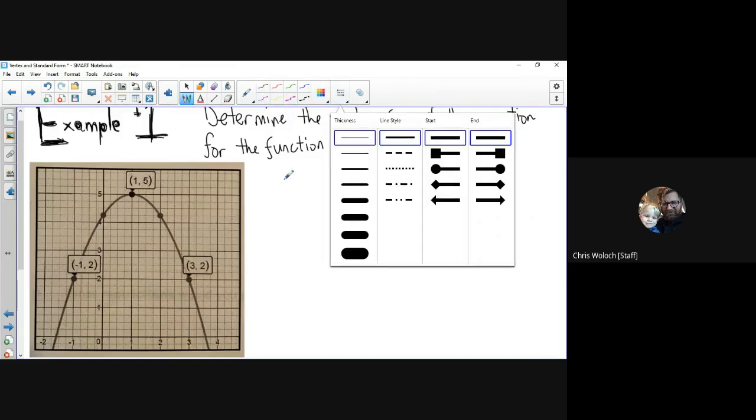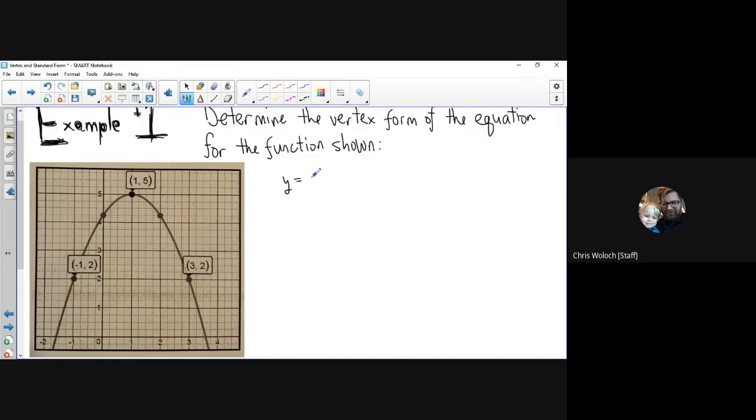Again, remember, vertex form is y equals a(x minus h) squared plus k. When you look at the graph, the coordinates are nicely labeled, and we know this here is the vertex.